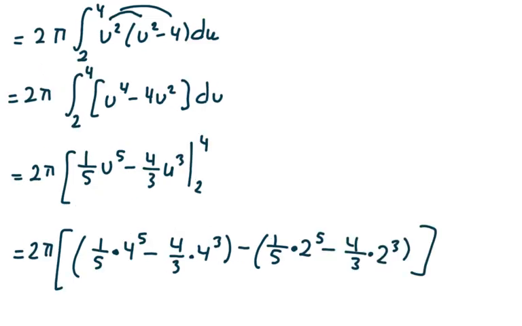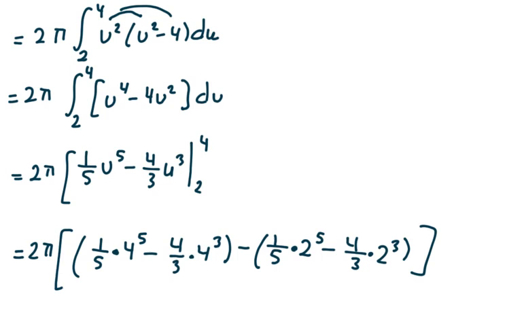So this is 2 pi times the integral from 2 to 4 of u squared times (u squared minus 4) du. Distributing the u squared, we get 2 pi times the integral from 2 to 4 of u to the 4th minus 4u squared du.